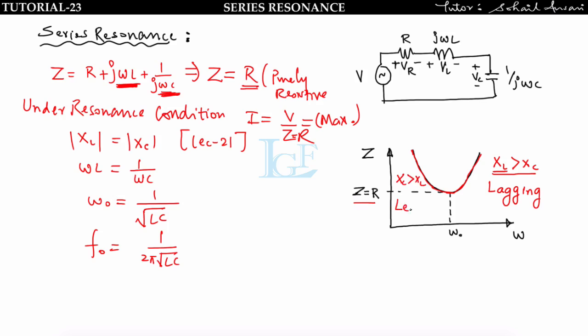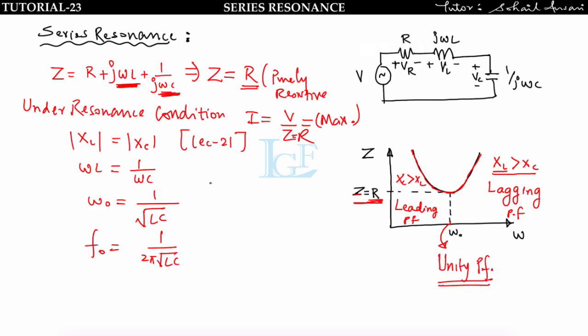So this will be leading power factor and this will be lagging power factor. Now at resonance frequency the impedance is purely resistive in nature. That means the network will behave like a purely resistive circuit, and in a purely resistive circuit the angle between voltage and current is 0, so power factor will be unity. So at resonance it will give unity power factor.